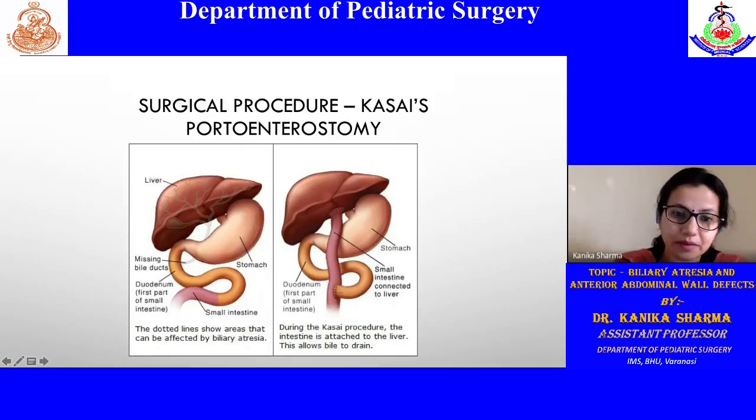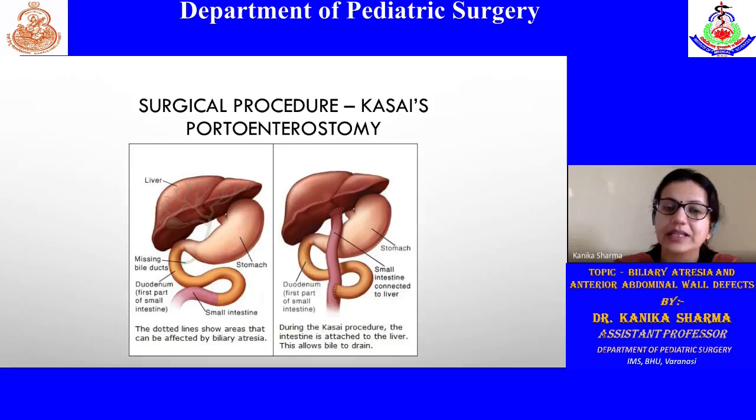The most common procedure which is done in these patients is Kasai's portoenterostomy. Actually, this surgery may not be the definitive surgery. The child may need a liver transplant, which is usually required by one-fourth or one-third of them later in life.